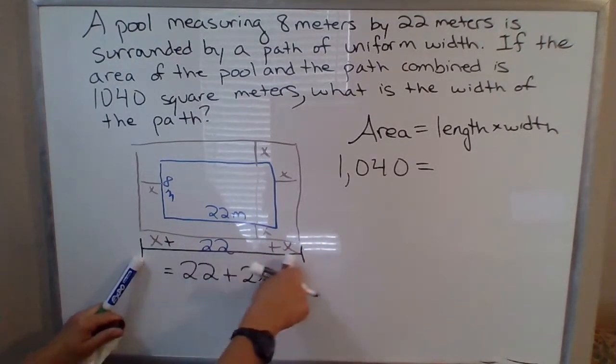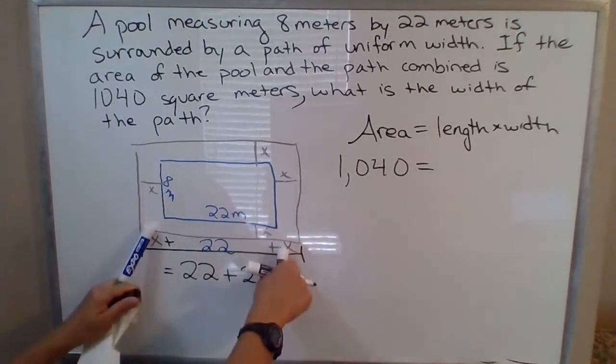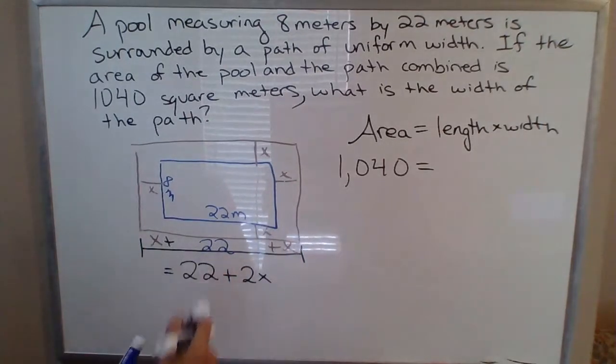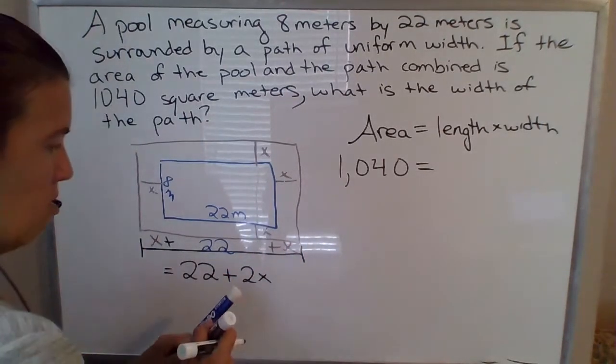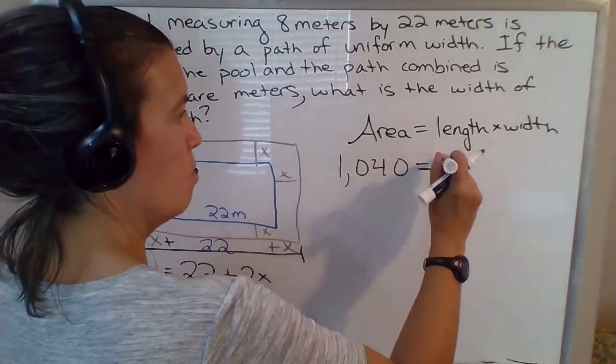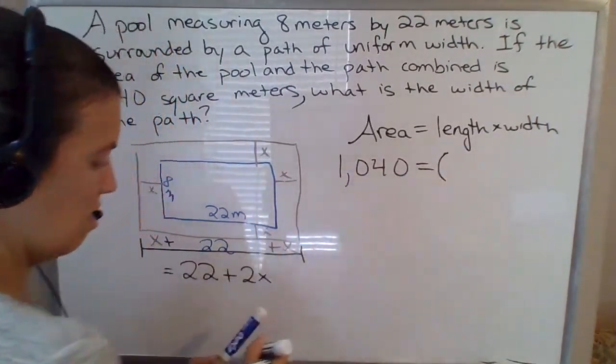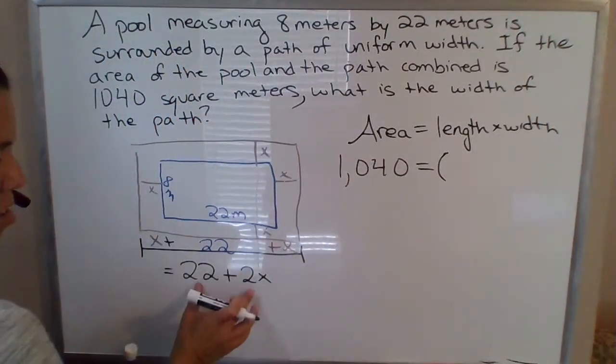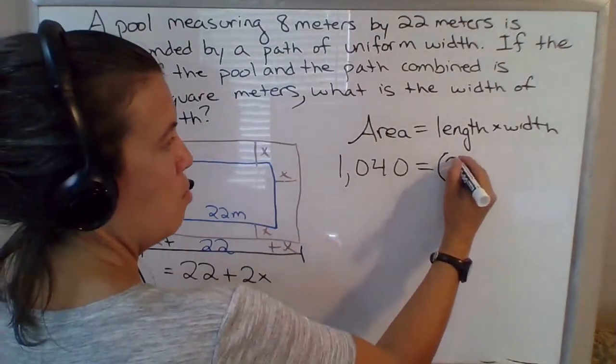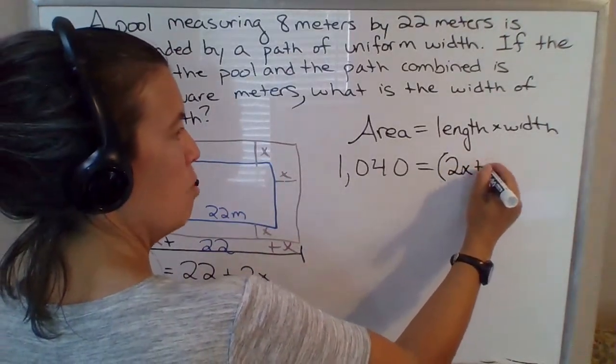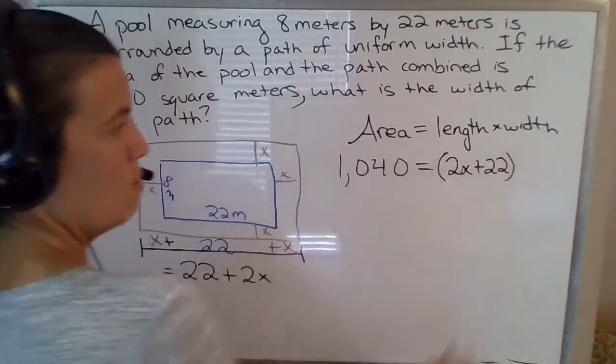X plus 22 plus x, because we have the path with x on either side, and then 22 meters in the middle. So the length right here is 22 plus 2x, or I like to put the x in front, so I'm going to write it as 2x plus 22. Same thing.